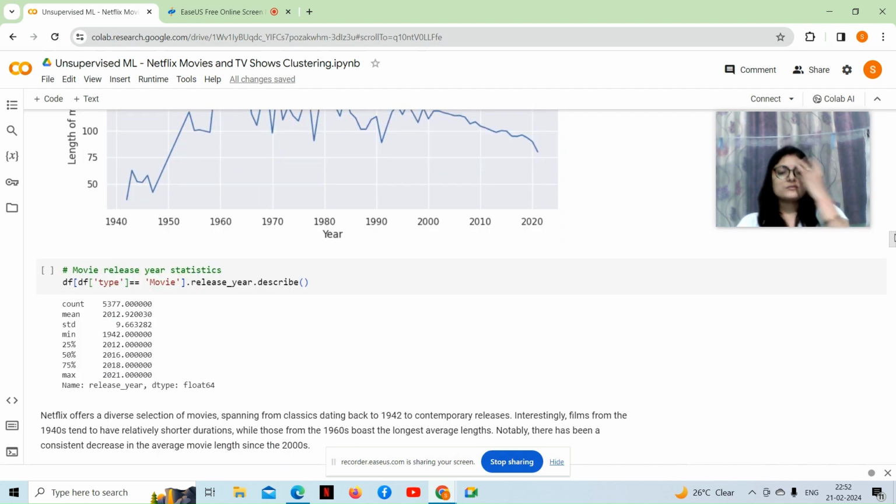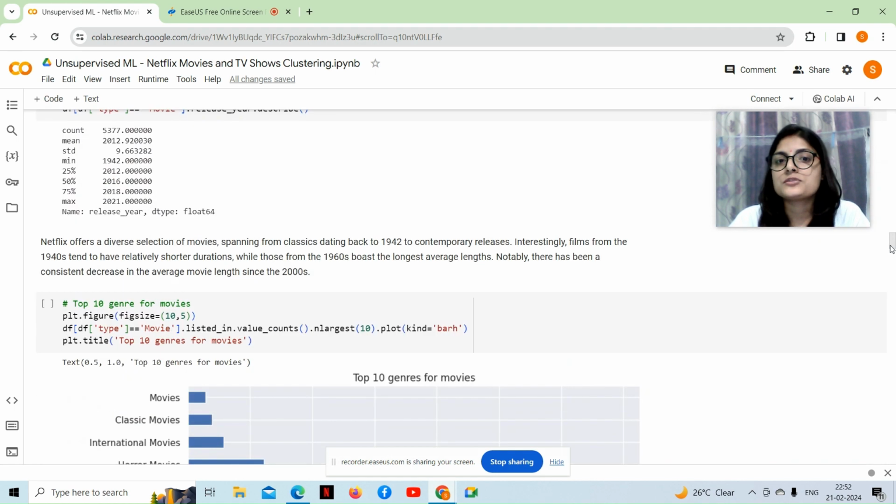Netflix offers a diverse selection of movies spanning from classics dating back to 1942 to contemporary releases. Films from the 1940s have relatively shorter durations, while those from the 1960s have the longest average lengths. Notably, there has been a consistent decrease in movie length since 2000.